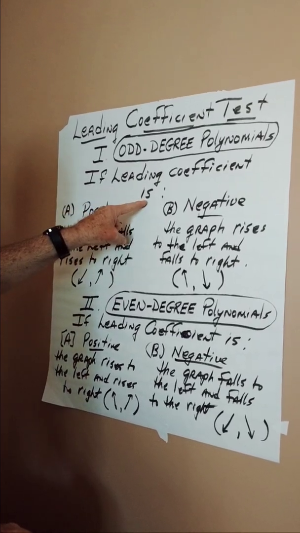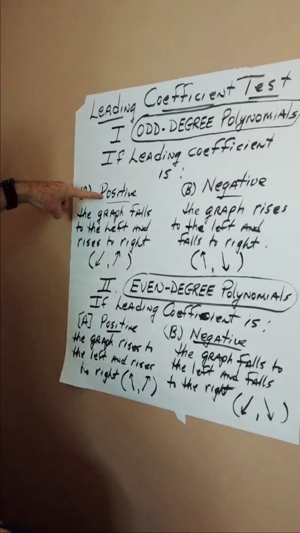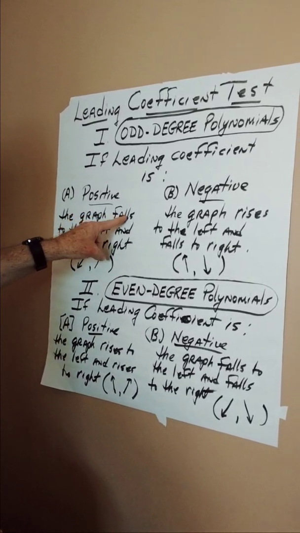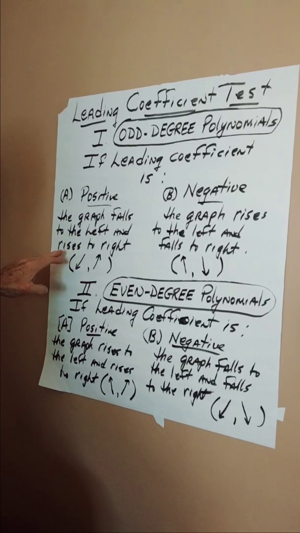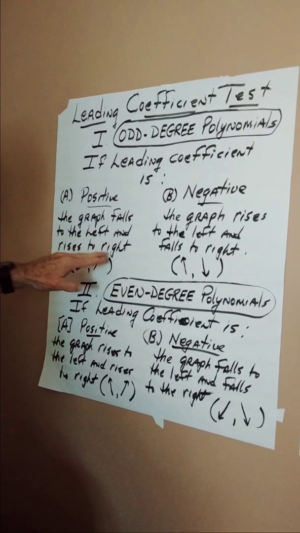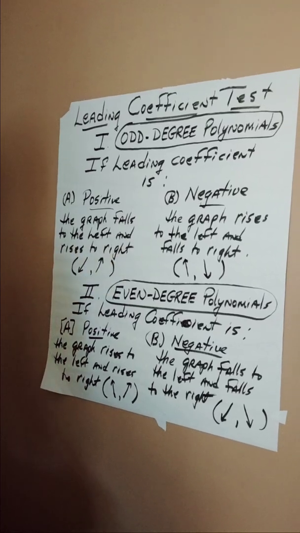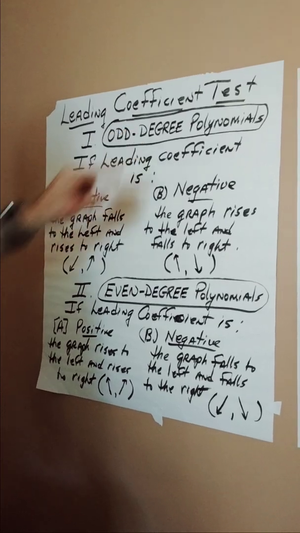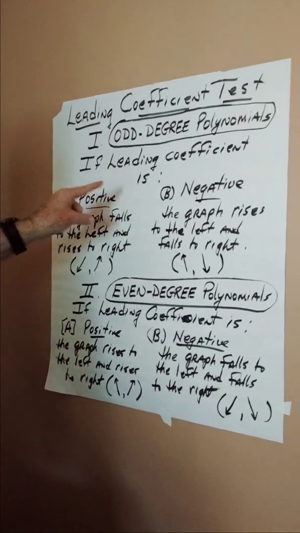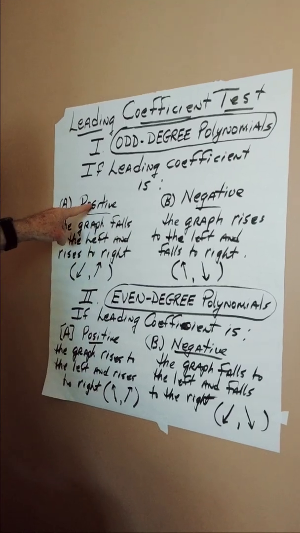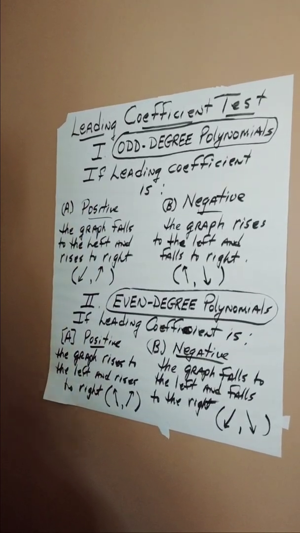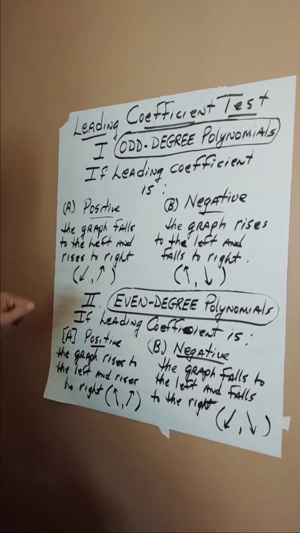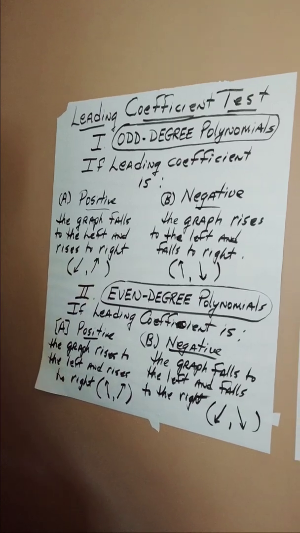If the leading coefficient is positive, the graph will fall to the left and it will rise to the right. If we are looking at an odd degree polynomial, if the leading coefficient is positive, the graph will always fall to the left and it will rise to the right.